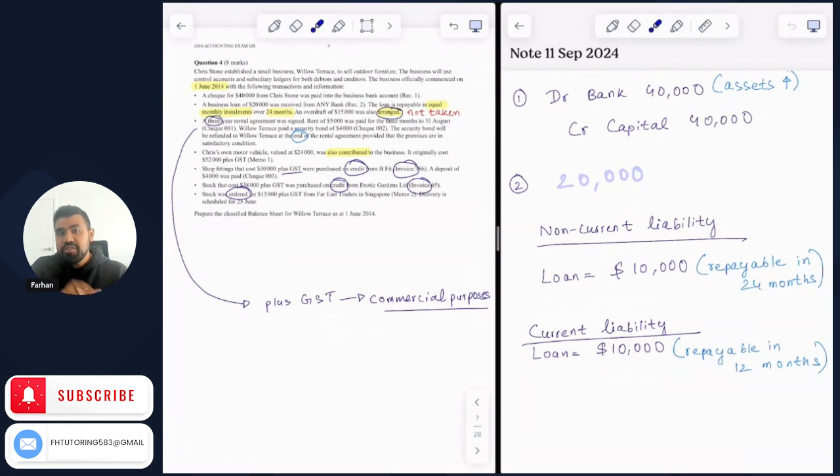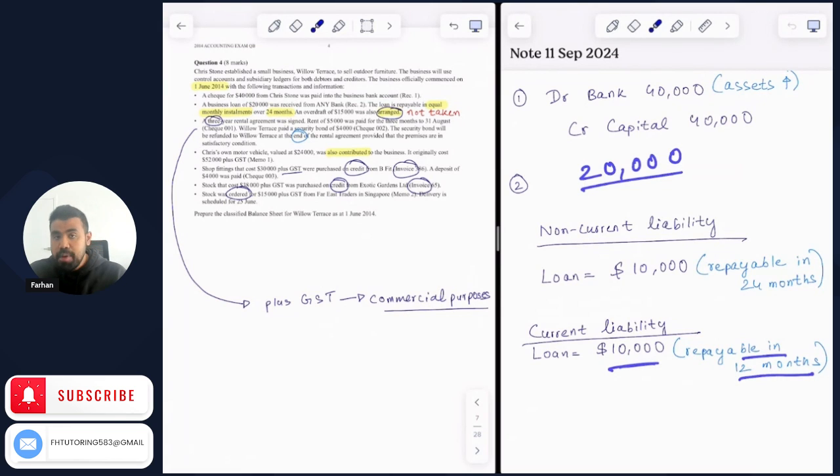So although the question says that we will pay equal monthly installments, this is the same thing as saying that we will pay off the loan in equal amounts every year, right? So this loan will be paid off over 2 years. So how are we going to pay off this loan over 2 years? The $20,000 will be paid off in $10,000 in the next 12 months, right?